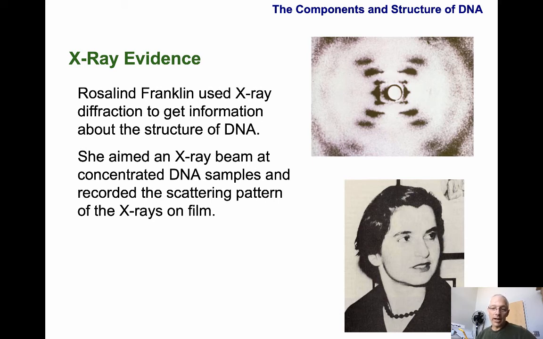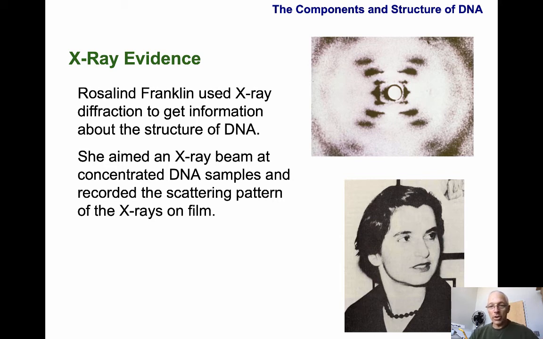That was an important clue for Watson and Crick, as was the X-ray diffraction evidence that was created by a scientist named Rosalind Franklin. And she and graduate students in her group were taking pictures of X-ray diffraction. This was using X-rays to scatter in samples of purified DNA.